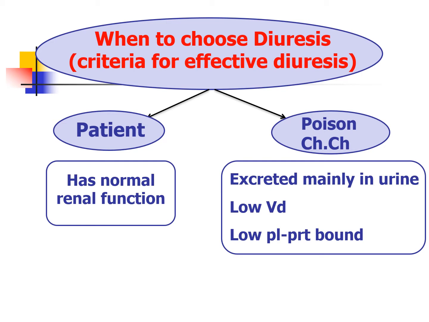These include to be normally excreted in urine, which is the normal route of elimination of the poison; to have a low volume of distribution, to be available in the blood, not widely distributed intracellularly; and also to have low plasma protein binding. I need it to be present in the blood in a free form, not in plasma protein binding form, to be easily eliminated.